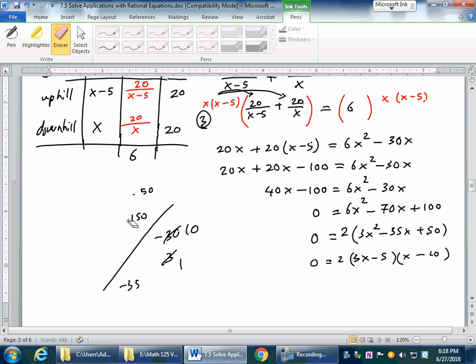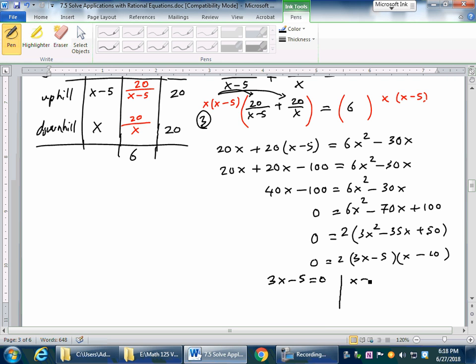Okay. So now I'm continuing this. It will become, using the zero factor property, 3x minus 5 is equal to 0, and then x minus 10 is equal to 0, and I got x is equal to 10, and then solving the other one, 3x is equal to 5, and then x is equal to 5 divided by 3.